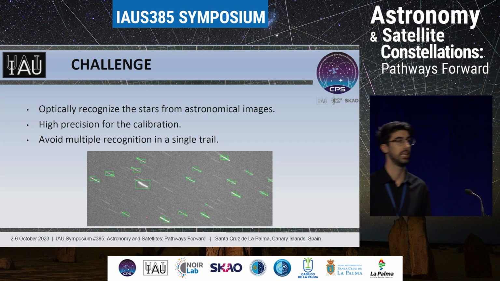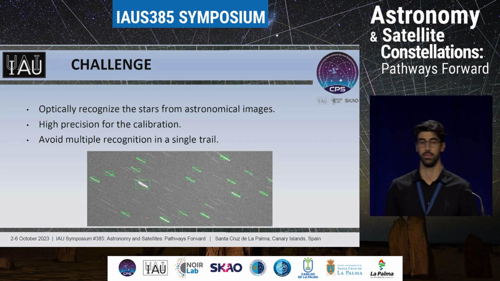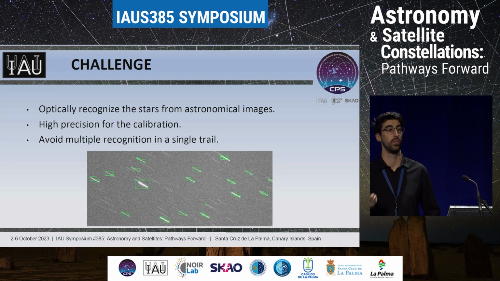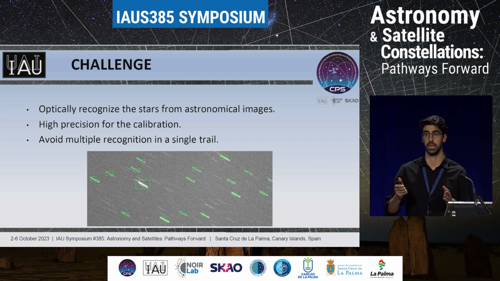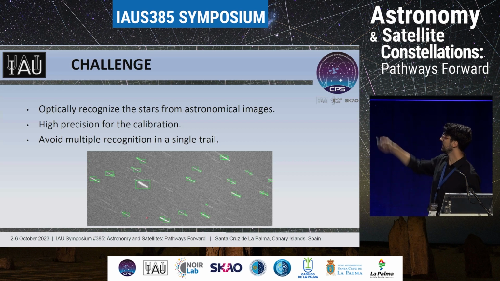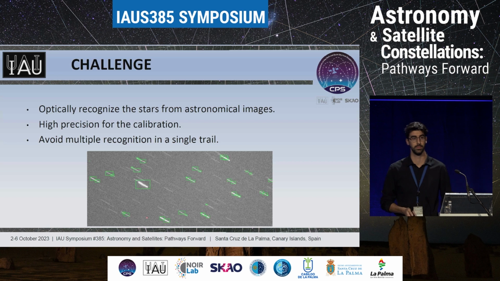To give you a little overview of what we have in front of us and what we want to do: first of all, we want to optically recognize the stars from astronomical images, especially when we are tracking satellites, so when we are following them with our camera or telescope. A good example is this image right here.